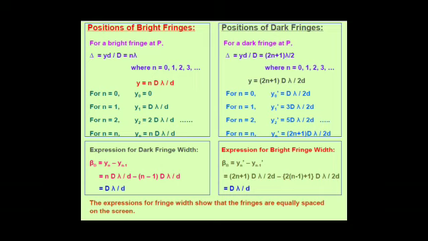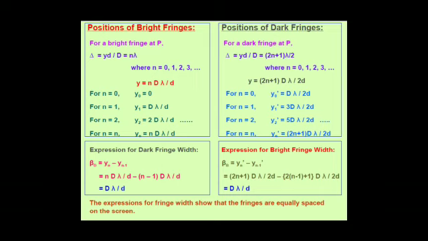From this, we see the fringe width comes out to be capital D lambda by small d. It depends on the distance between the screen and the source, the distance between the two sources, and the color of the light used, whether it is red or green or blue, the width will be different.